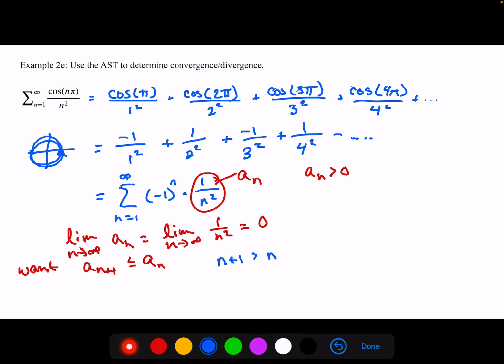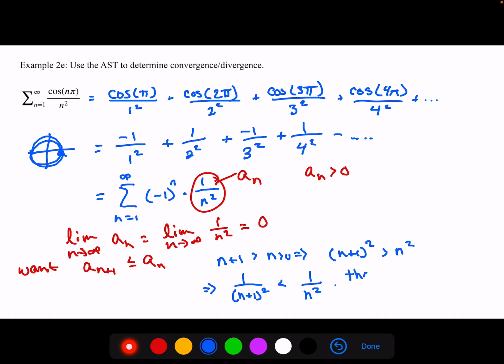So what that means is that, and this is positive, n plus 1 squared is greater than n squared, which also implies that 1 over n plus 1 squared is less than 1 over n squared.